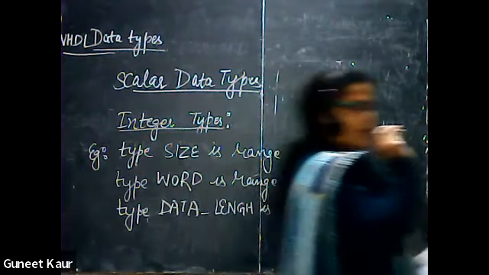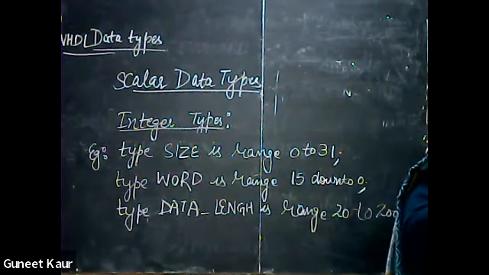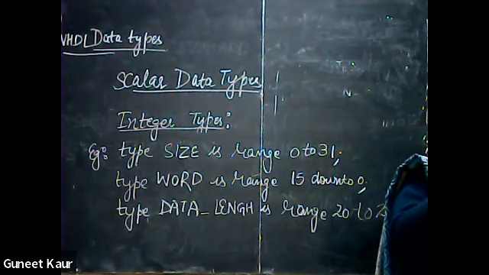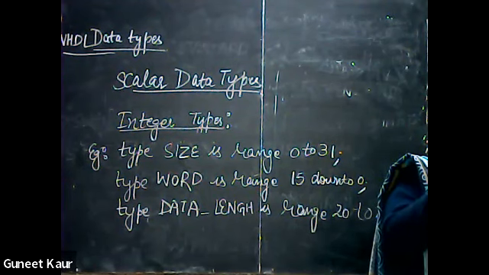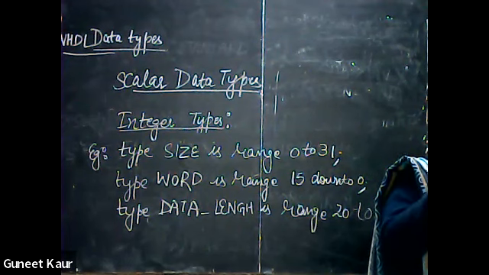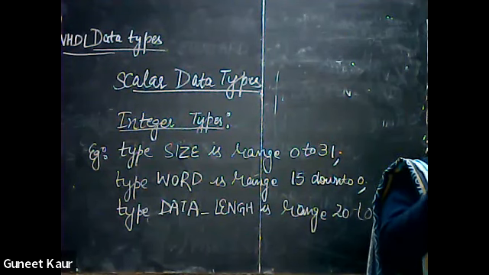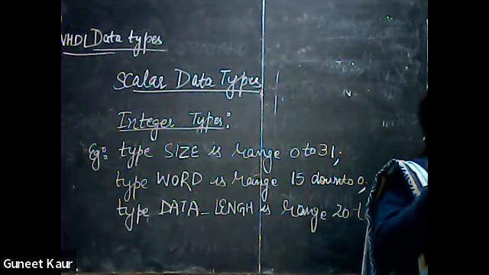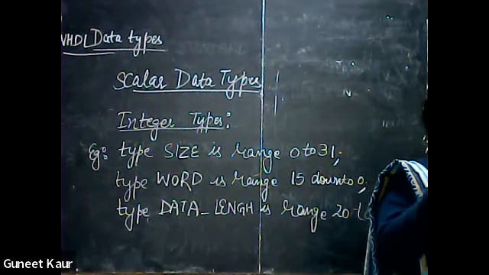An integer type defines a type whose set of values fall within a specified range, meaning we have to specify the range. The first example shows size is an integer type that includes the integer values from 0 to 31.